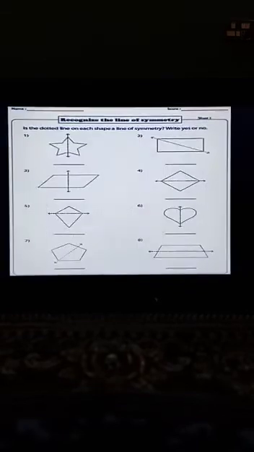When we come to the next worksheet, here the lines of symmetry are drawn. Using these lines of symmetry, is the dotted line on each shape a line of symmetry? First of all you have to know the conditions for a line of symmetry. Then you will write your answer, yes or no, whether the shape is symmetrical or not.